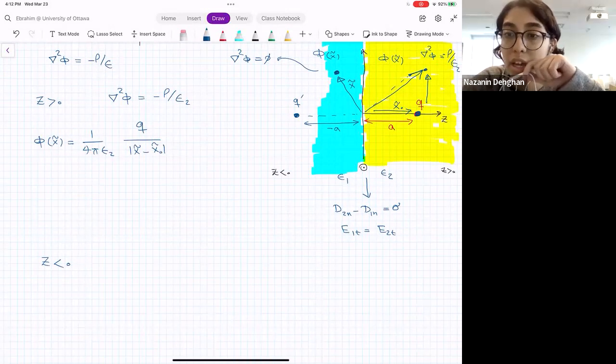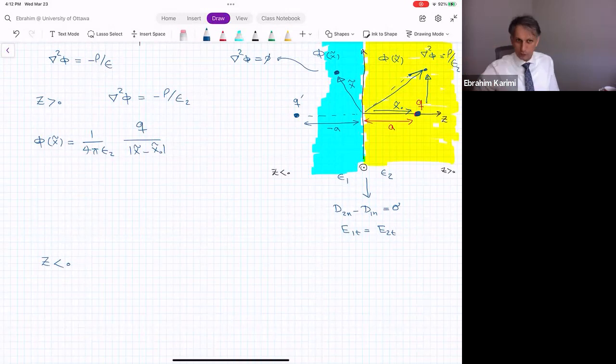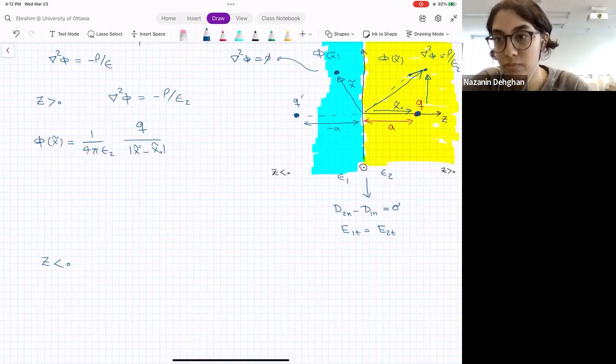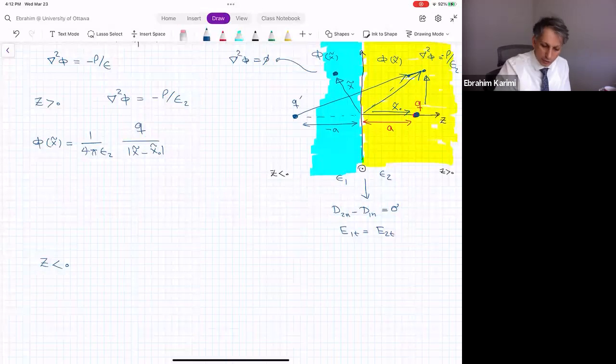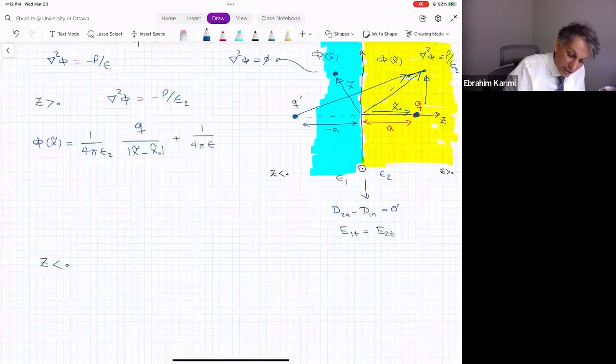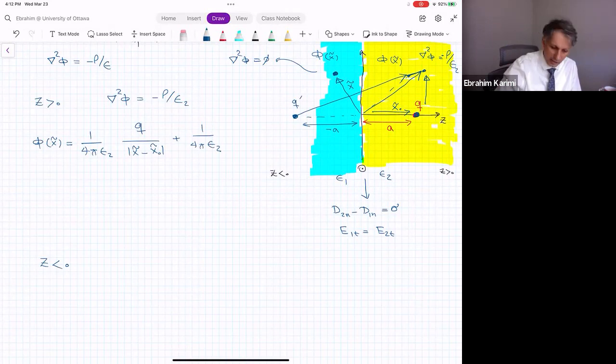But then how about the contribution of the image charge? Wait for it. That's the first contribution. The second contribution comes from the image charge, which is 1 divided by 4 pi epsilon 2, because we are considering inside of that material, which is for z greater than 0.